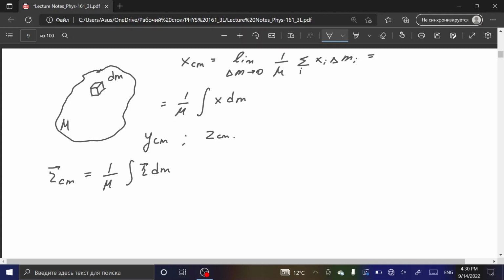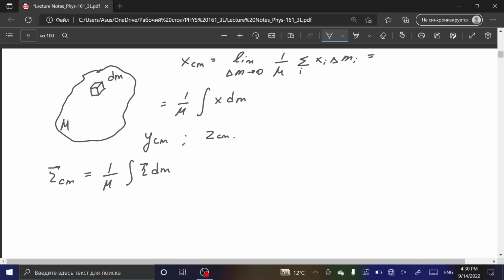So that's the general approach for how we determine the center of mass in the case of a continuous body. Now let us consider some examples of how we apply these equations to calculate the center of mass for some simple continuous body.